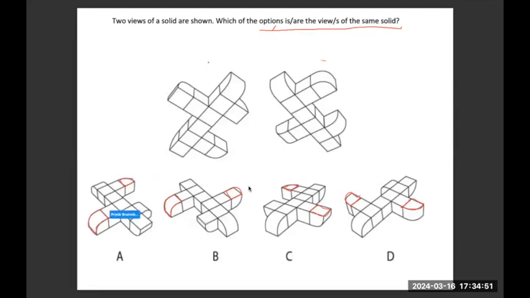For example, in A, one is oriented in the top view like this, versus in the other part, this gets rotated and then it becomes something like this. Okay, it's rotated.